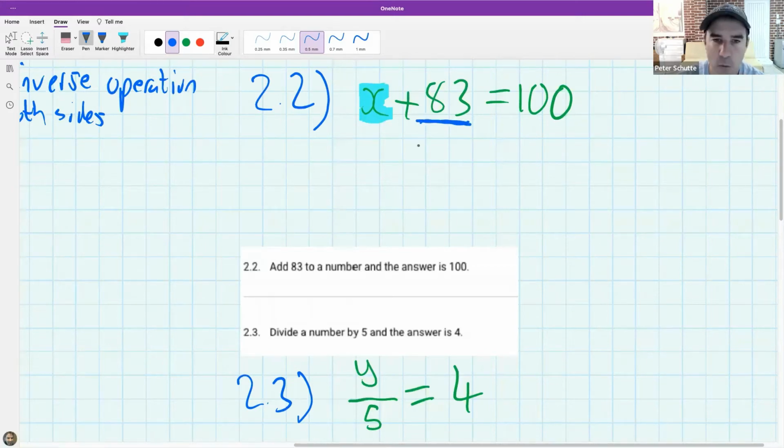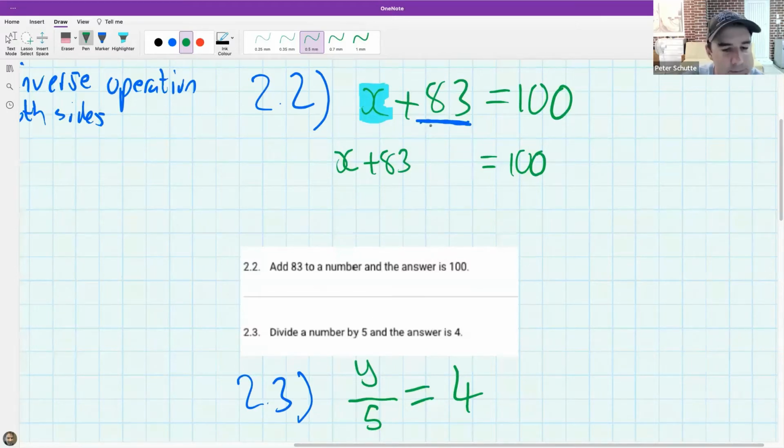I want you to write the question again and next to the plus 83, write the opposite of that. But when you do that on the one side, in order to keep the equation balanced, you need to do it to both sides. When you started, they were equal. Okay, so I want you to do that. And then can you do it for 2.3? What would the correct way to do 2.3 be? I'll give you a moment to do that.